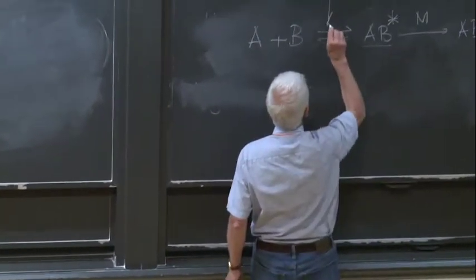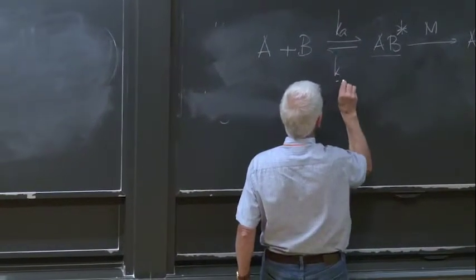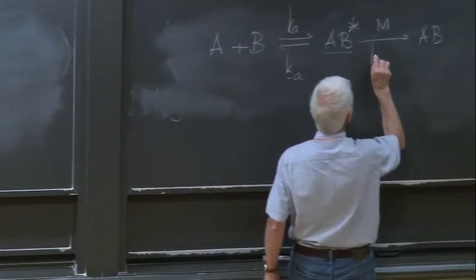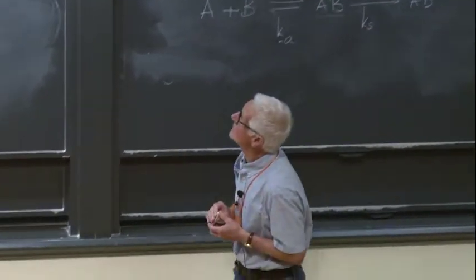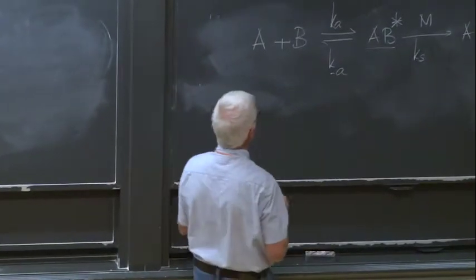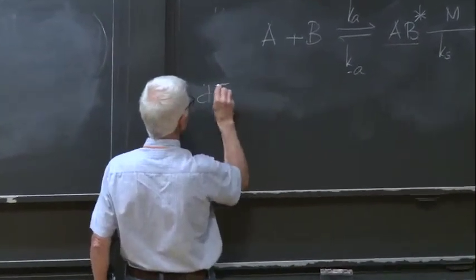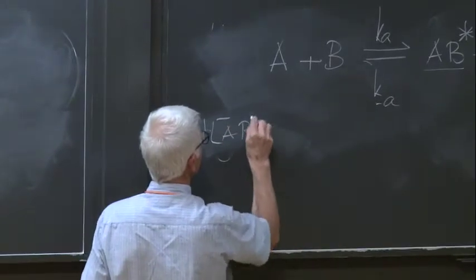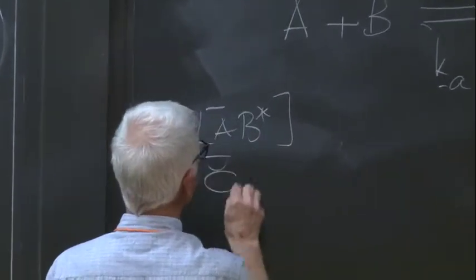So this is Ka, this is K minus A, and this is Ks for stabilization. And so let's write down the rate equation for dAB star by dt.